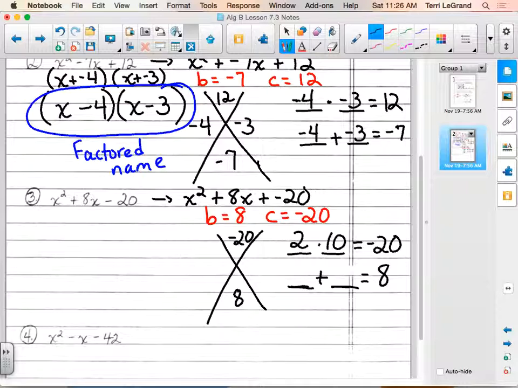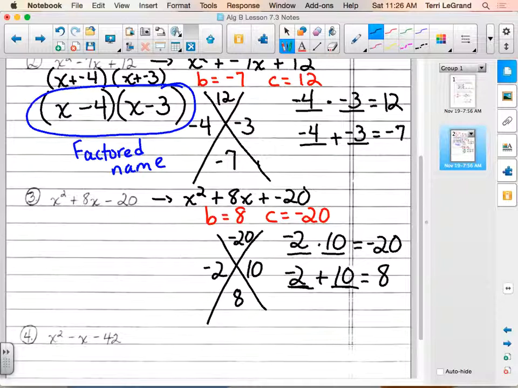So if I make the 2 negative and the 10 positive, do those add up to positive 8? Negative 2 plus 10 is positive 8, so we're going to give the negative sign to the 2. So we have negative 2, positive 10.